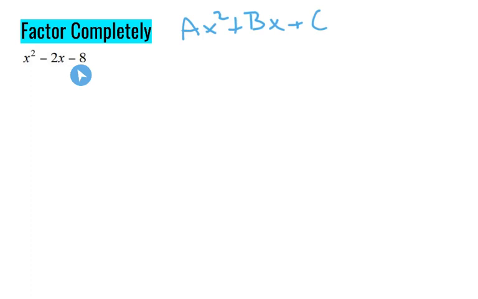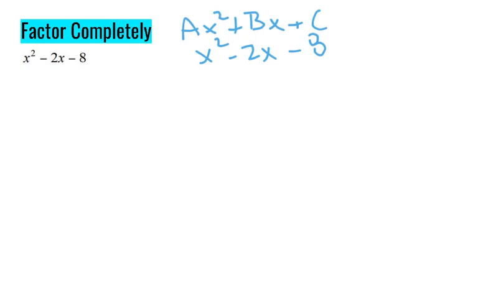So when it comes to factoring these, we want to make sure that we can find our a, our b, and our c. So if I take our original quadratic and write it underneath, I have x squared minus 2x minus 8. Hopefully it helps to clarify which one is a, b, and c. In mathematics, sometimes when we multiply by 1, we never put that in our problems.